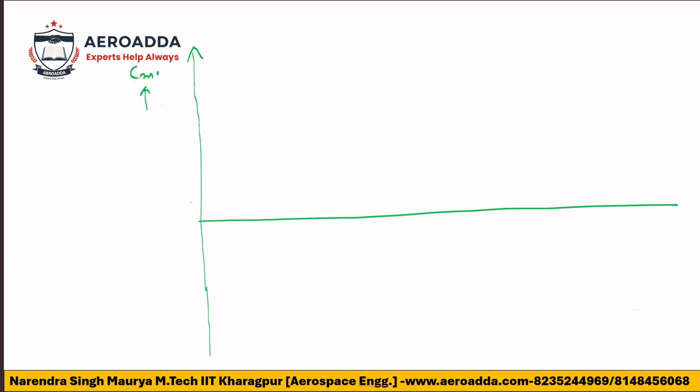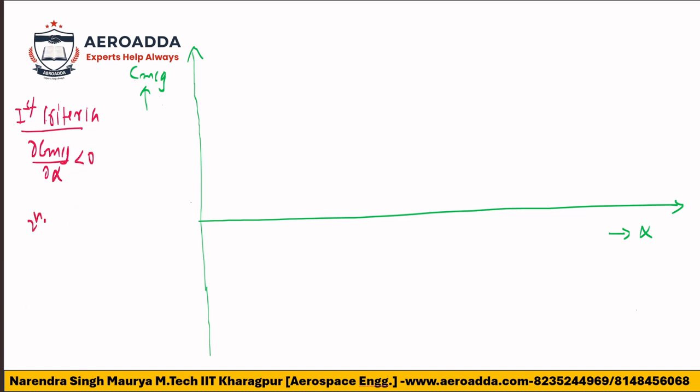Now I'll show one graph to you. It's nothing but CMCG versus alpha. Correct? Please concentrate there so you will understand. What is the criteria I have told you? First criteria. What is the first criteria? Dou CMCG by dou alpha must be negative.